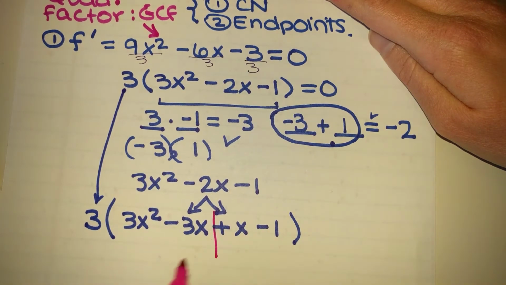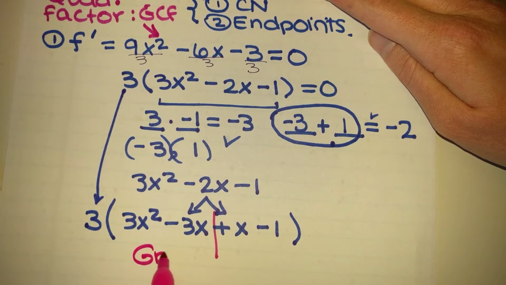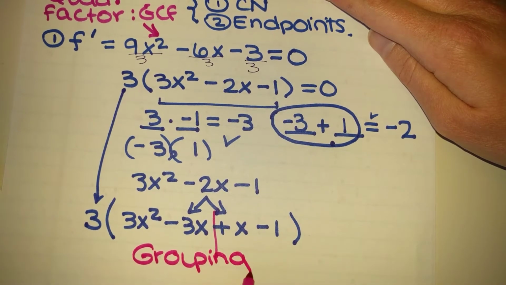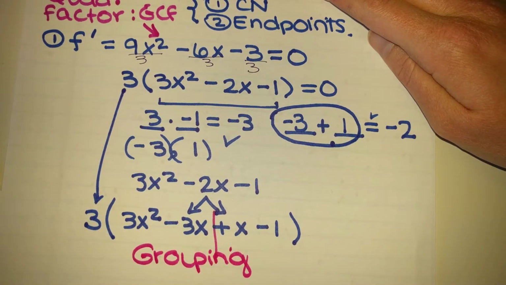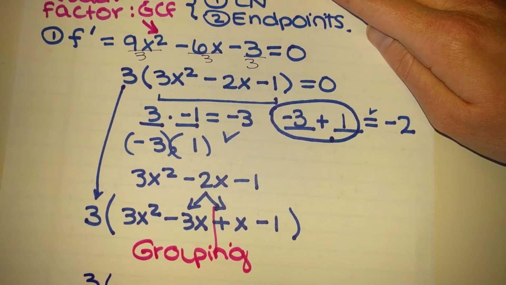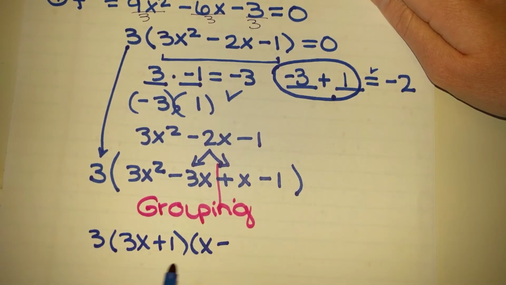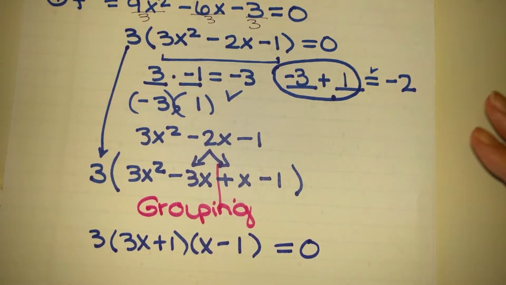After you go through the grouping method, you will bring out first the 3x, and then you'll be left with x minus 1, bring out a plus 1, and your final factorization after you go through grouping here with your 4 terms will be that you have 3 times 3x plus 1 times x minus 1. And we want to set that equal to 0.